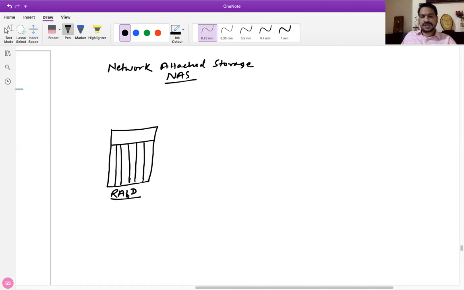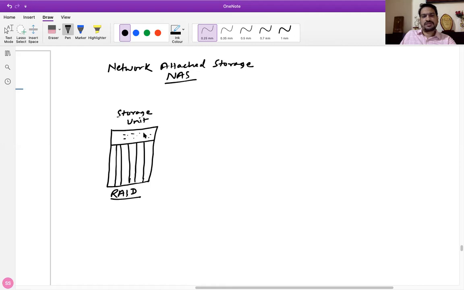You might have seen this type of concept in database management systems, where redundant disks are there, and all these redundant disks are in one system. So you can see this is your storage unit.